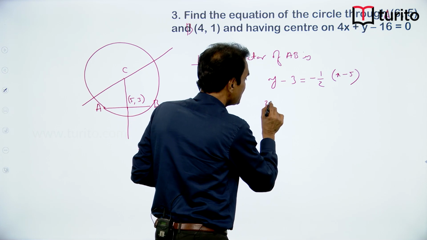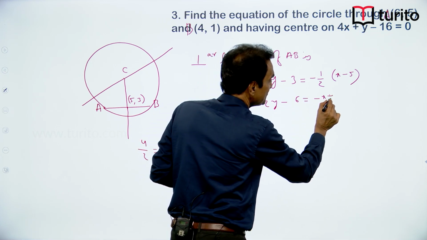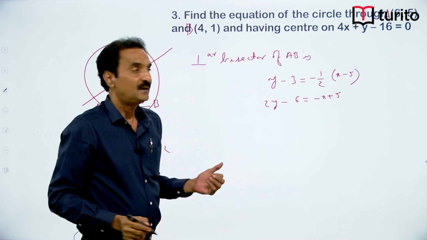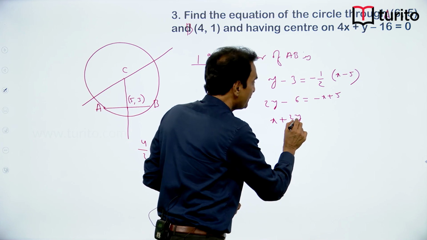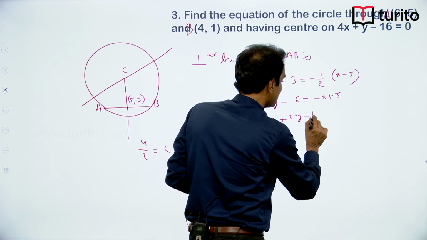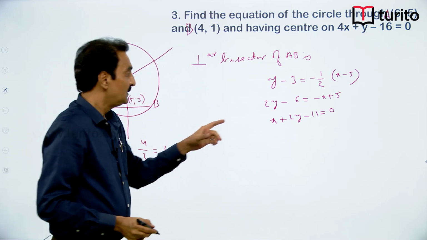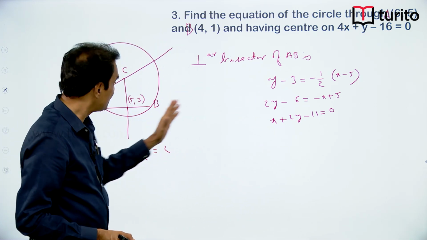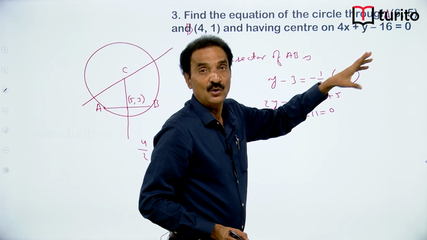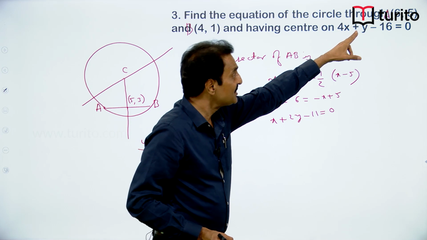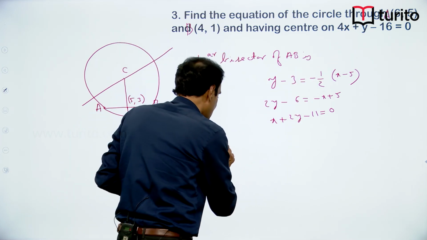Simplifying, cross multiplying by 2, 2y − 6 = −x + 5, or x + 2y − 11 = 0. And this line passes through the center of the circle, and the center also lies on the other line. So, the point of intersection of these two lines will be the center. So, let us solve this.